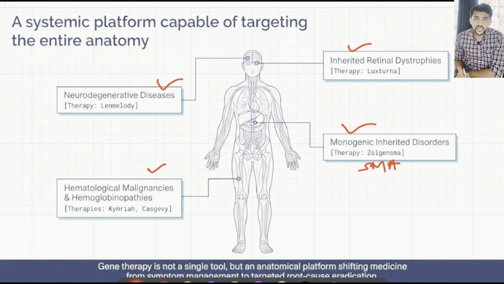Similarly, we have to know the limitations of this wonderful technology. When we are inserting the genetic material, there is a risk of integrating the viral vector, which might abnormally activate an oncogene, or suppress a tumor suppressor gene, leading to abnormal proliferation of cells. So this is one drawback we can consider.